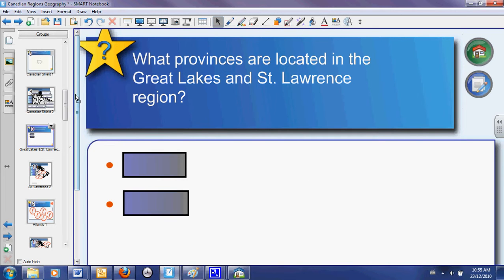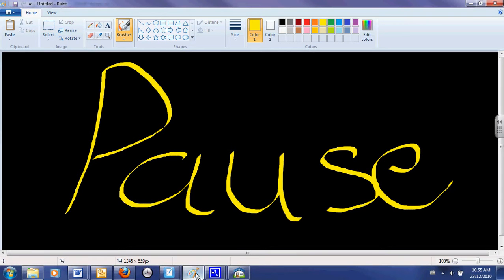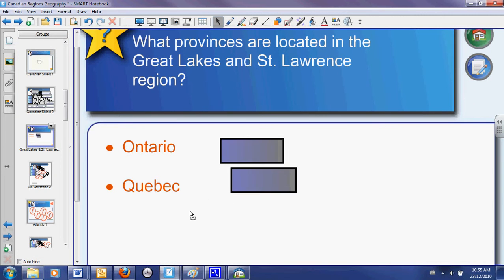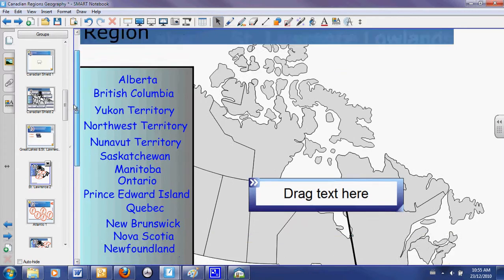The next slide is asking us what provinces are located in the Great Lakes St. Lawrence Lowlands region. Again, another mapping question asking us what provinces are in the Great Lakes St. Lawrence Lowlands region.